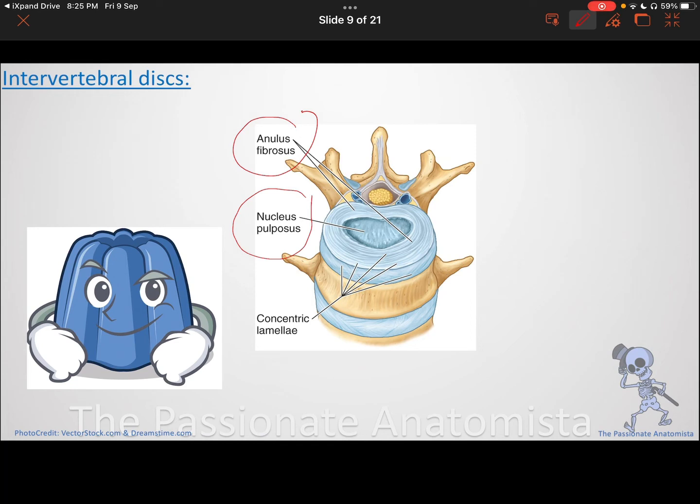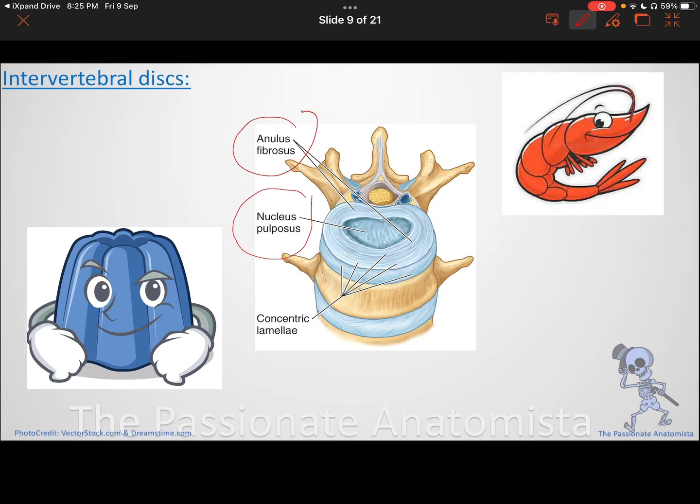And the name fibrosus means it's something fibrous. It means it's tough. If you dissect and see a fresh disc, the annulus fibrosus is going to feel like the body of a shrimp. So this is actually the fibrous part outside.